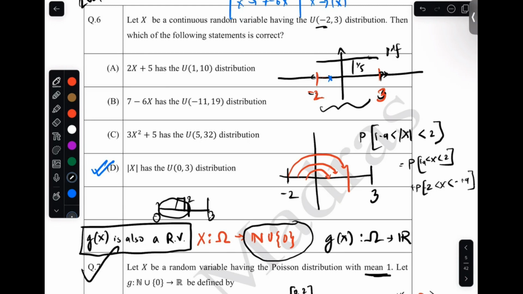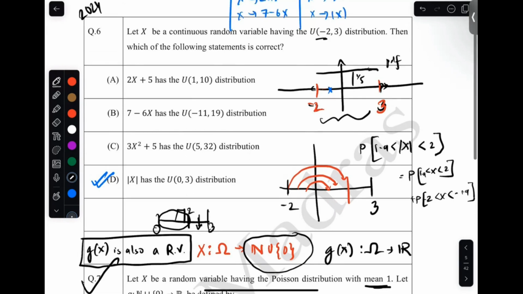But this doesn't happen after 2, because x doesn't take values less than minus 2. So when you take the positive of it, it will only lie between 0 and 2. So therefore you can understand that there's an extra chunk of distribution between 0 and 2 when you do mod x.